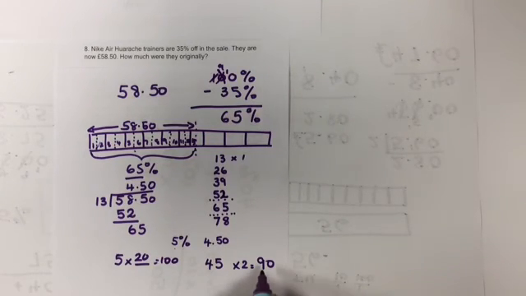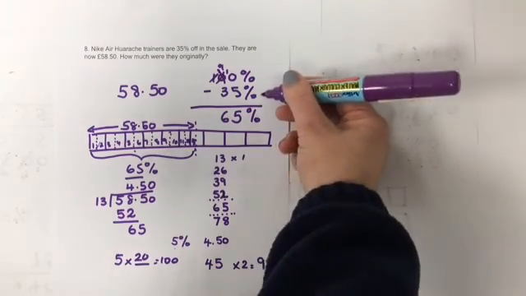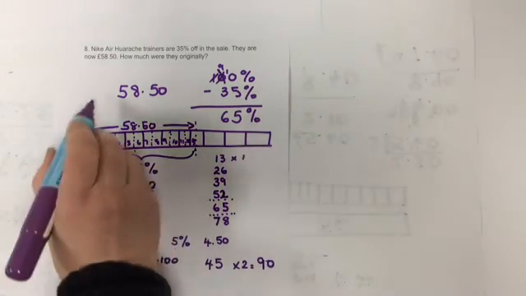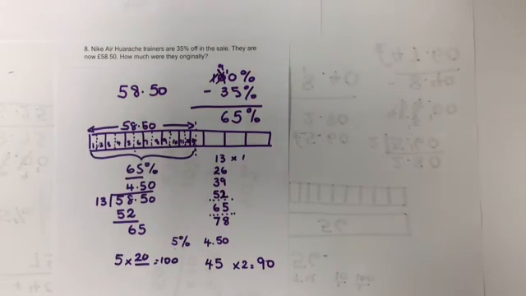It's entirely up to you which way you work it out. And if I've got the right amount here, if I were to reduce it by 35%, I would actually get back to my original figure. So you can always check your answer by doing that. That was the trickiest question I think you will ever come across.